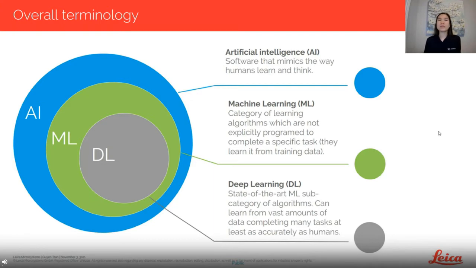I hope that's going to be a little bit clearer as we talk more about machine learning and I showcase some examples for you. Now, another smaller subgroup of this is deep learning. And deep learning really expands and allows the software to learn from a large and vast amount of images, data and information to complete the task at hand.